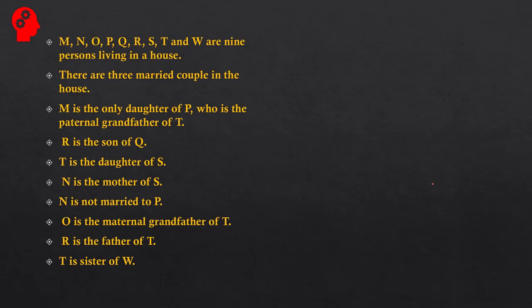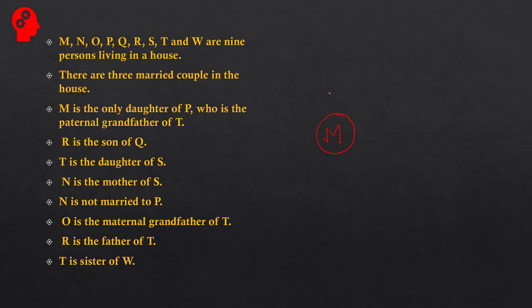So there's another puzzle. M, N, O, P, Q, R, S, T and W are 9 persons living in a house. There are 3 married couples in the house. Okay. M is the only daughter of P. So that tells me M is a female.